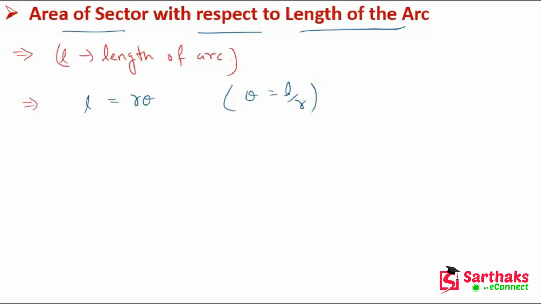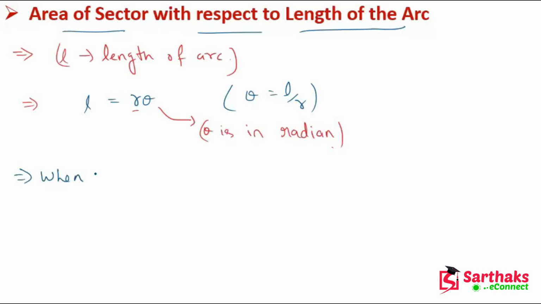So we can write L is equals to theta into r, where r is radius and theta is in radian. Here we have to focus on this: theta is in radian in this case.